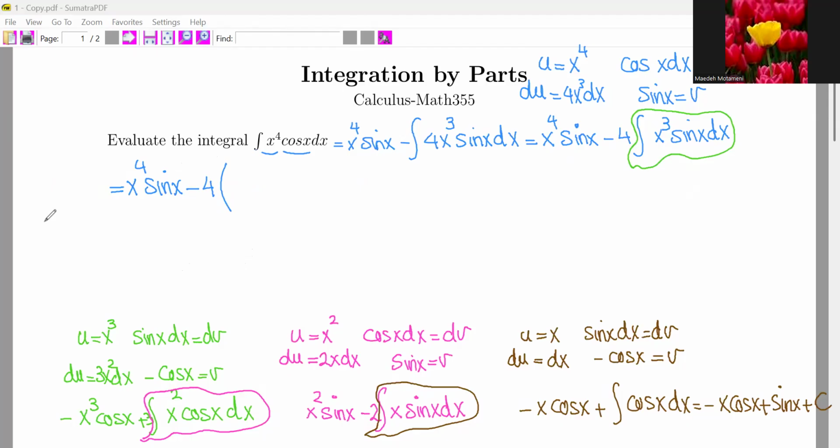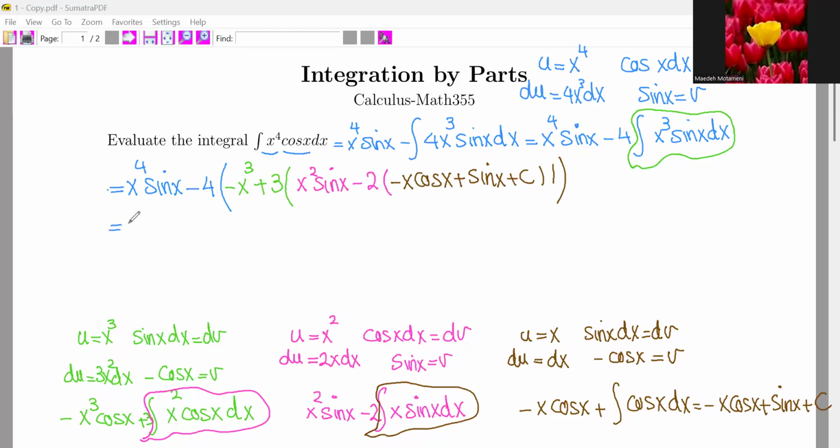That would be interesting. Negative x cubed plus 3 times, instead of the pink one, we have x squared sine of x minus 2 times, instead of the brown part, we're having negative x cosine of x plus sine of x plus c. 1, 2, 3.